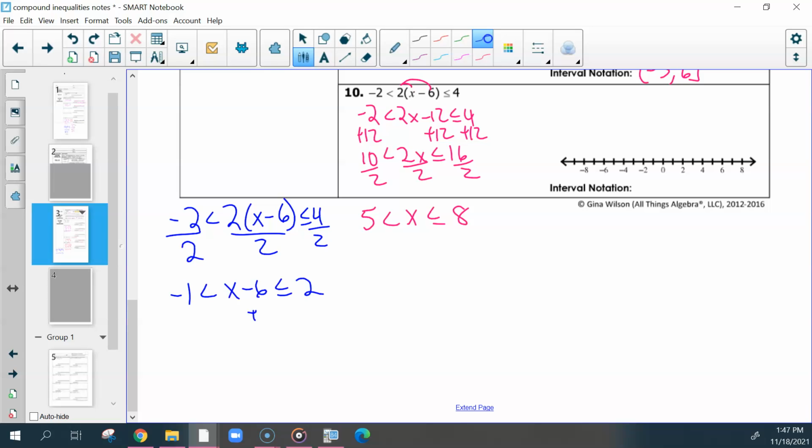And then I could add 6 to both sides, or to all sides, I should say. And I would get 5 is less than x, which is less than or equal to 8. So it does not matter how you do that. And then we have an open circle at 5 and a closed circle at 8. And we could draw that line. So this would be parenthesis 5 and then comma 8 with a square bracket.